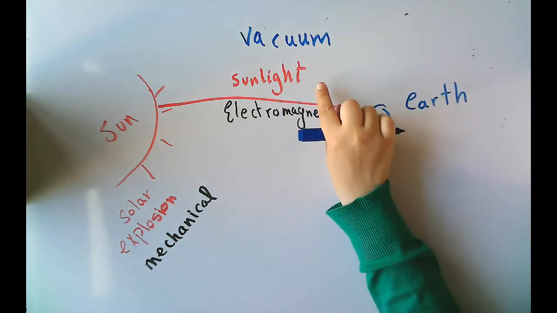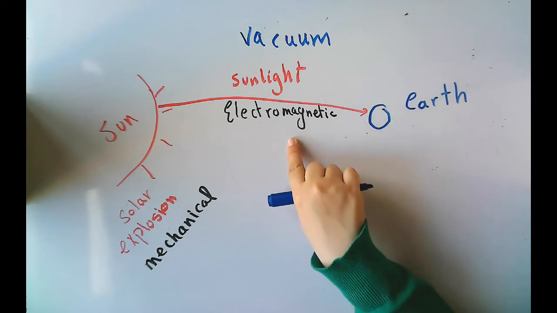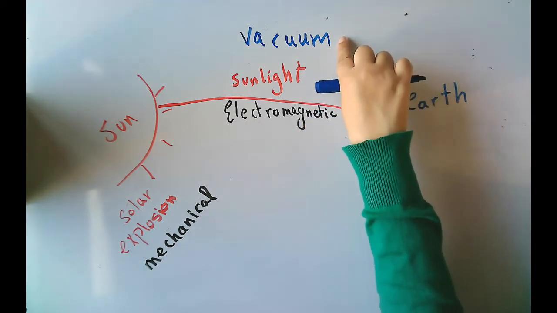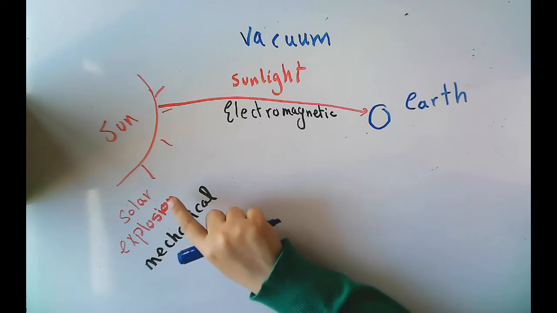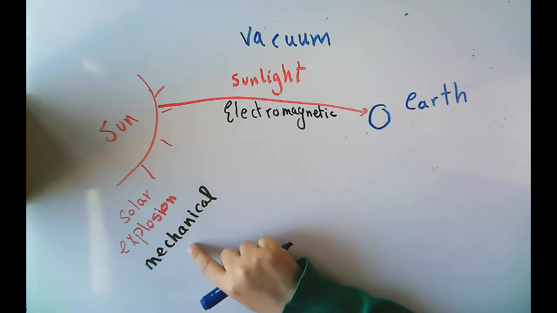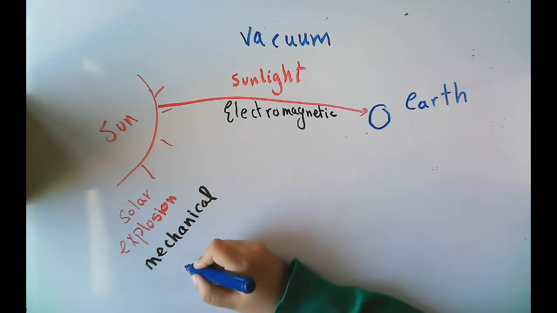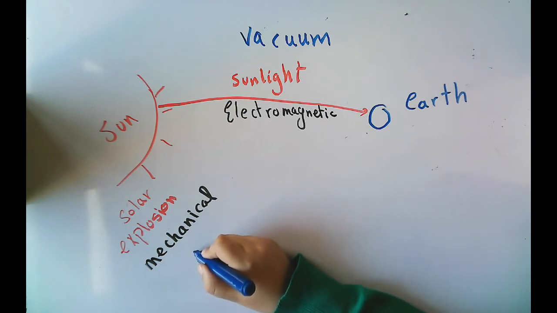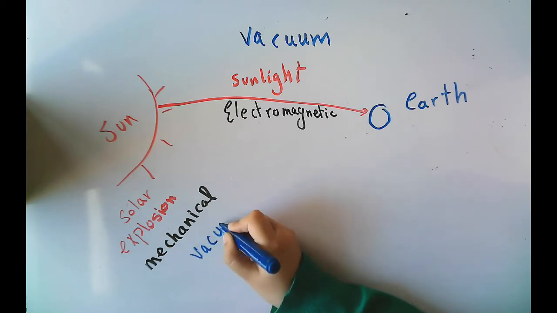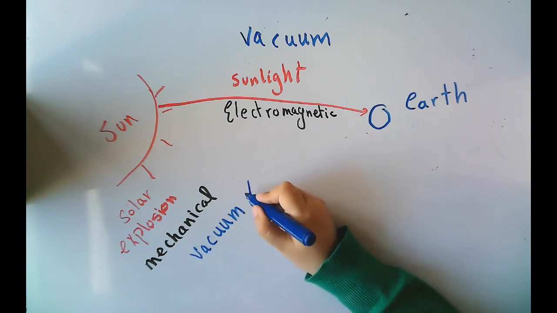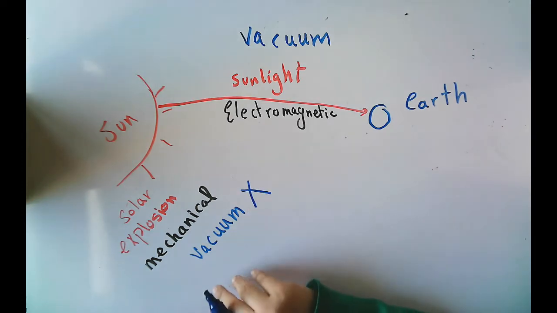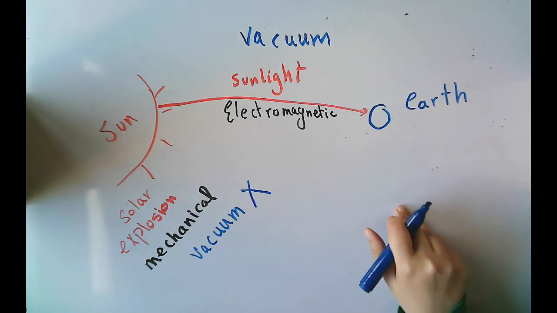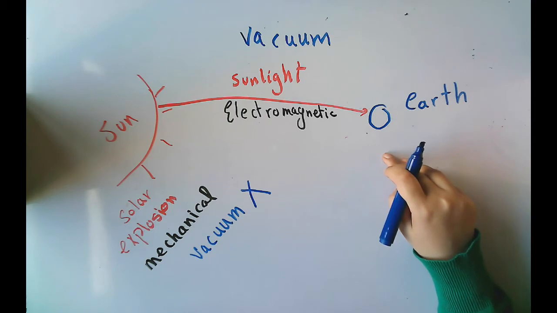The sunlight is an electromagnetic wave, which can travel through a vacuum. But the sound of solar explosions is a mechanical wave, and it can't travel through a vacuum, so it can't move in space to reach the earth.